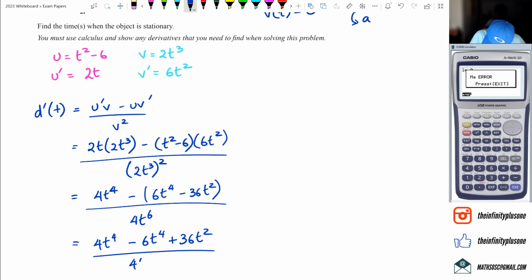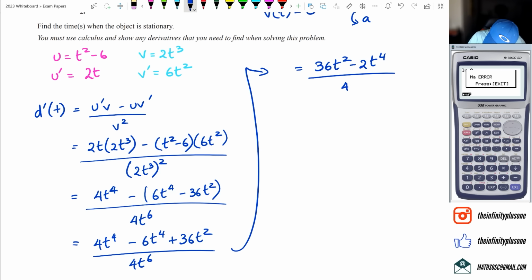All of that is divided by 4t to the power of 6. Okay, still carrying on with this. What have we got? 36t squared minus 2t to the power of 4 over 4t to the power of 6.